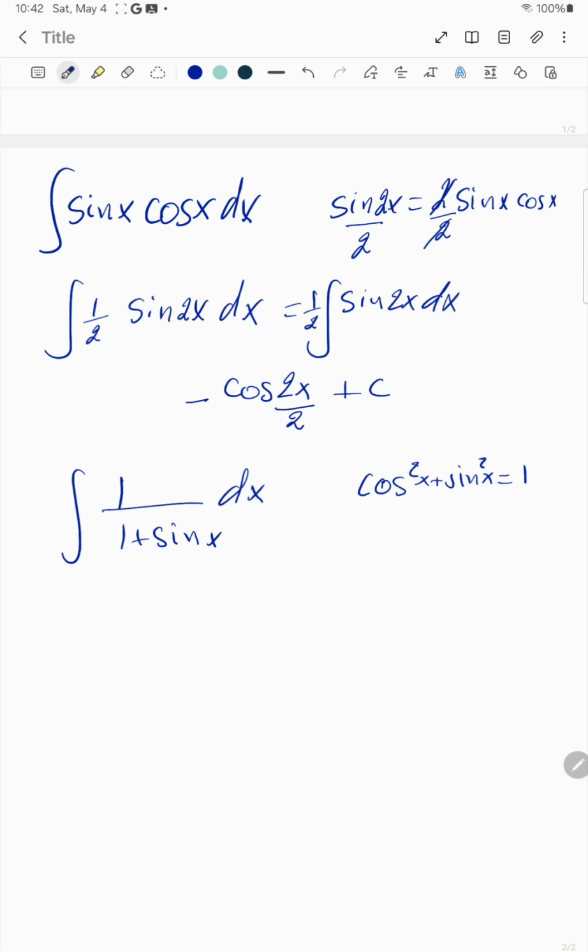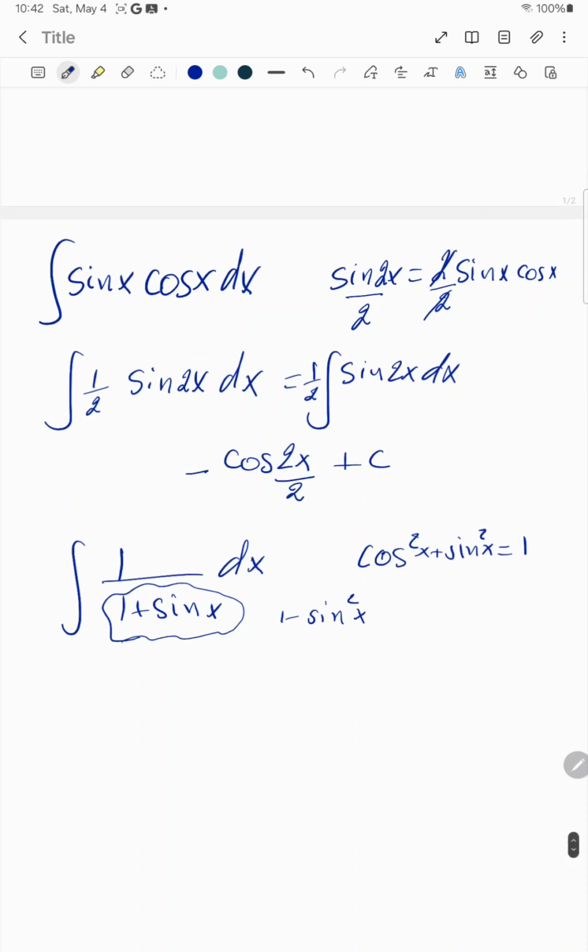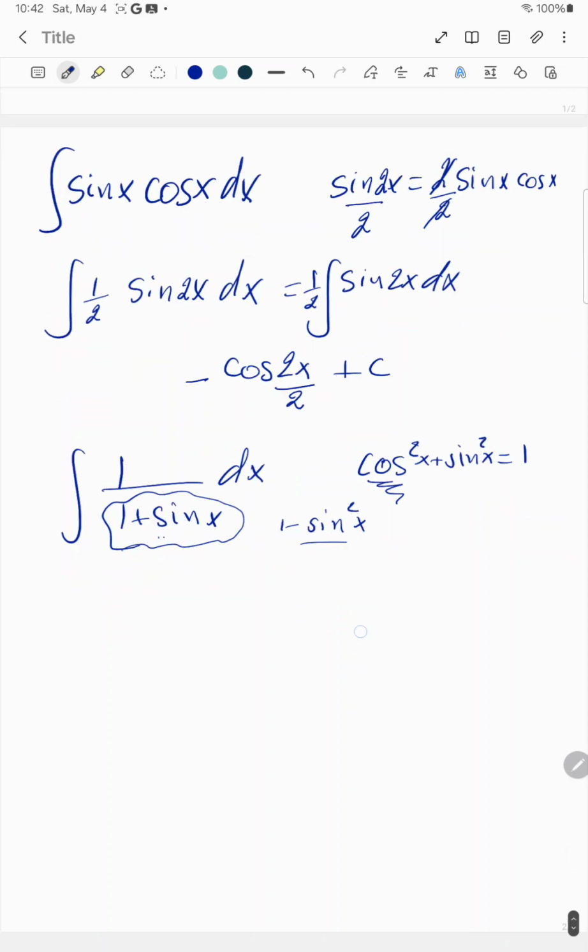So if there is any way that I can replace the denominator by 1 minus sine square of x, I will have in the denominator cosine square of x. It will go up to the numerator as sec square of x, and there is a formula for the integral of sec square of x. So let's see how I can replace this denominator by that.